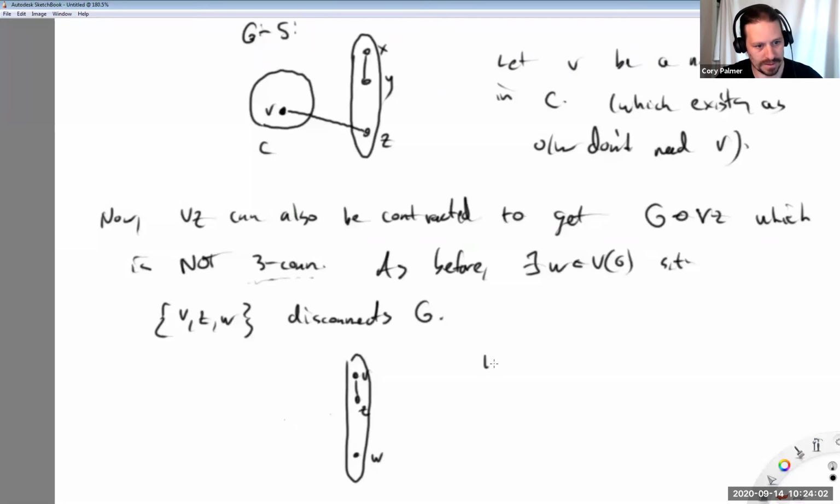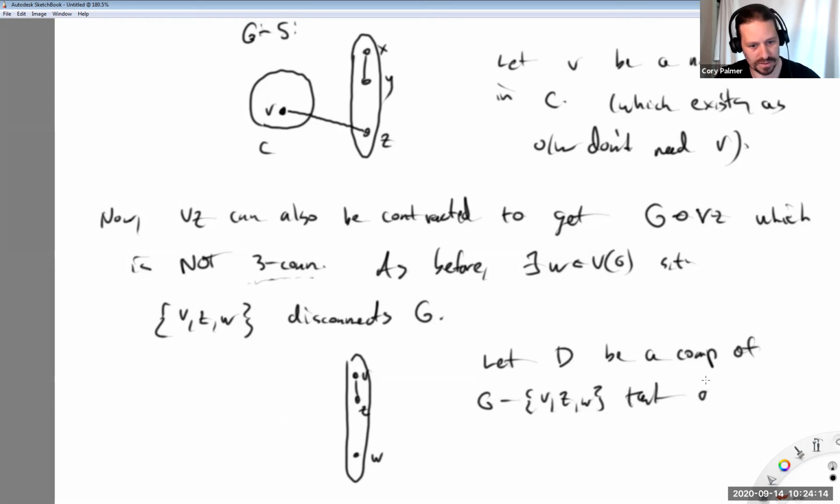Okay, and let D be a component of G minus VZW that does not contain X or Y. X or Y vertices still exist. Notice one thing here.